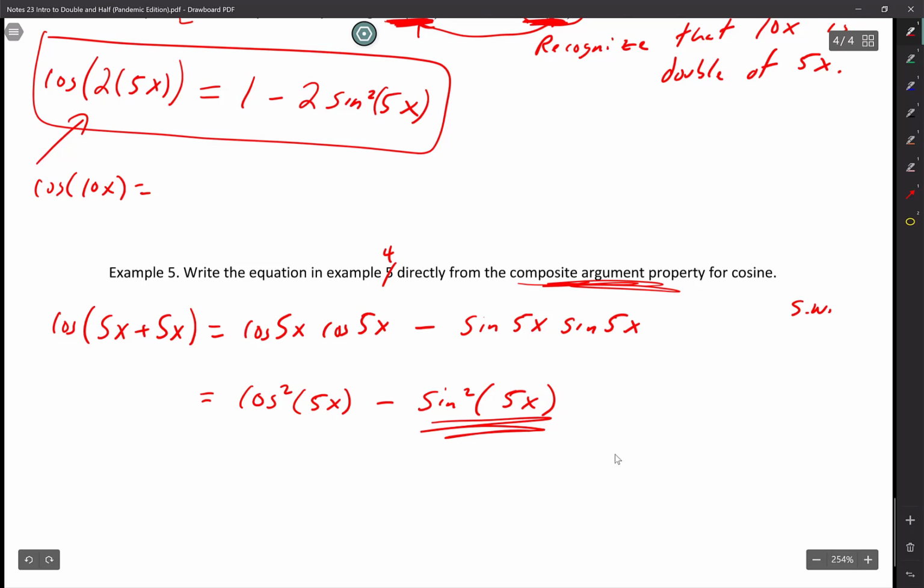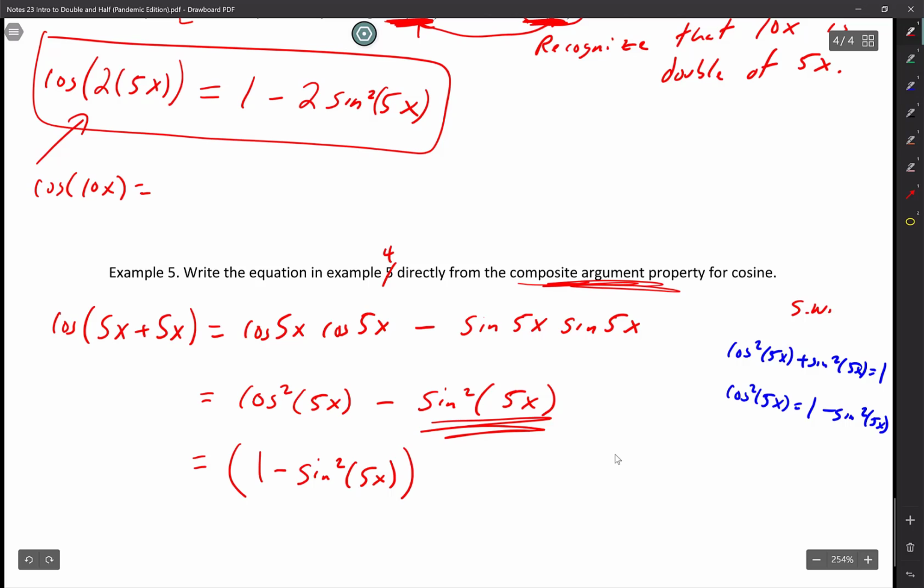So I do a little side note. And I know that cosine squared of 5x plus sine squared of 5x is equal to 1. So I'm going to substitute cosine squared 5x equals 1 minus sine squared of 5x. I was going to put theta, but I decided to put 5x in there. I'm going to substitute that expression, guys. So I come back. 1 minus sine squared of 5x minus sine squared of 5x.